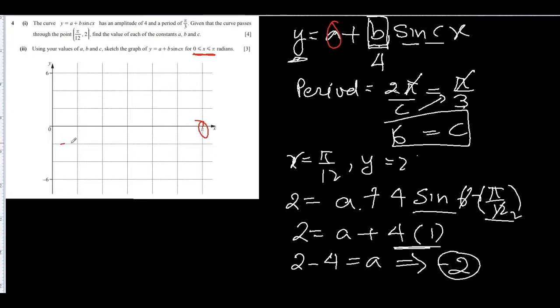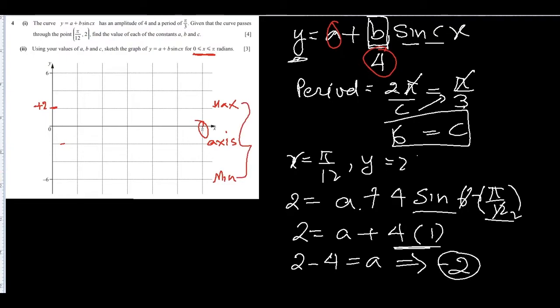So this is the axis. Now the amplitude is 4, so 4 above the axis will be the maximum. So minus 2 plus 4 will be plus 2. This is the maximum, and 4 below the axis will be the minimum. So our graph will be between the maximum and minimum only.